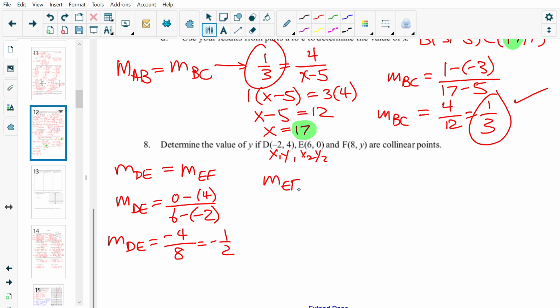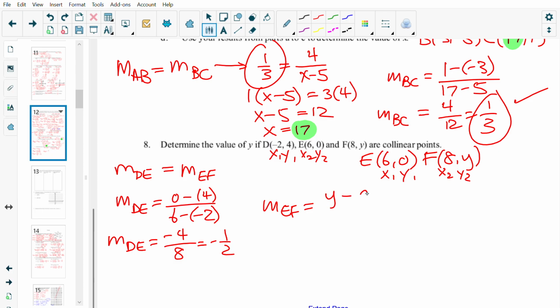Let's hold on to that for a bit. Let's calculate the slope of EF in terms of y. E is 6, 0. F is 8, y. That's x1, y1, x2, y2. So the slope of EF is y minus 0 over 8 minus 6. Slope of EF equals y over 2.